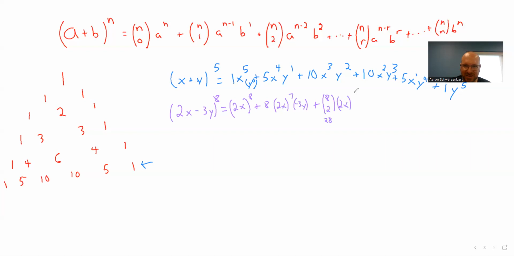2x to the 6th. Negative 3y squared. Remember, I've got to square the whole set of parentheses. 8 choose 3, which happens to be 56. 2x to the 5th, negative 3y to the 3rd. 8 choose 4, which happens to be 70.